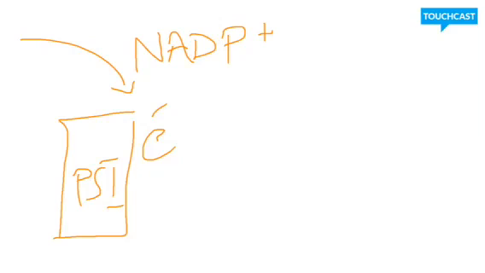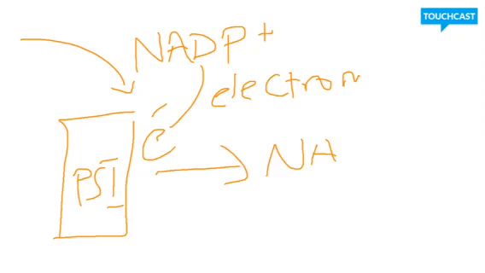So this electron carrier will come and carry the electron, and it will become NADPH. So this is the first product from the light dependent reaction. Remember that the first product is NADPH. Then we move on again back to photosystem 2.